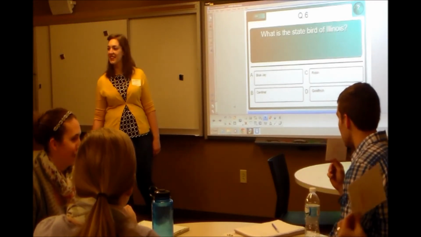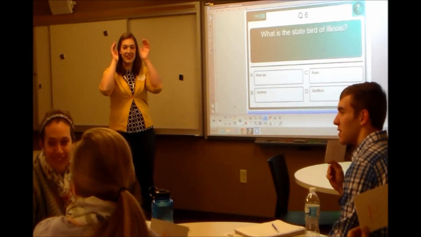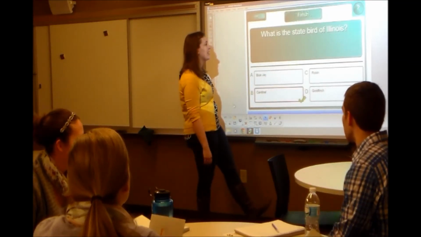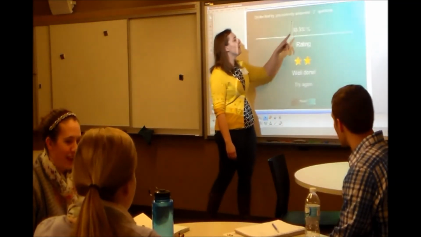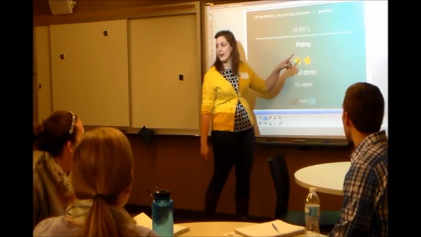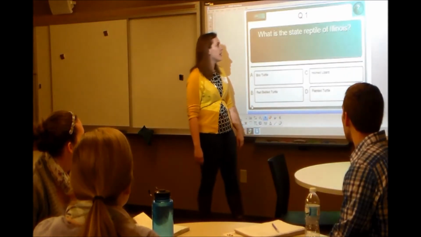Show me your answer. Not all of us know this, apparently. I see a majority of B, the cardinal. You got it. Nice. Okay. Well, that's wrong because I went through all the answers. But if we had only chosen one class answer, it would tell us what's going on.